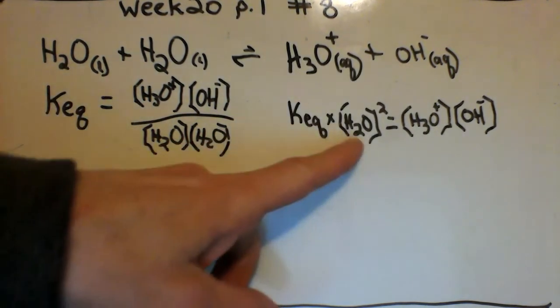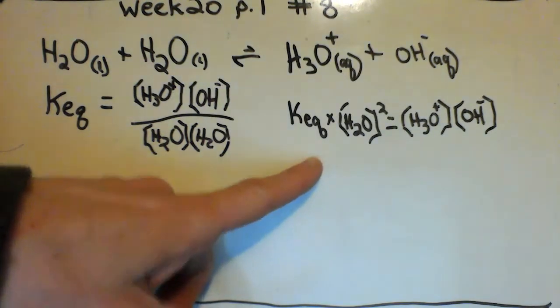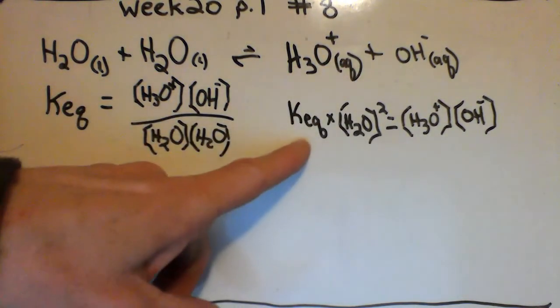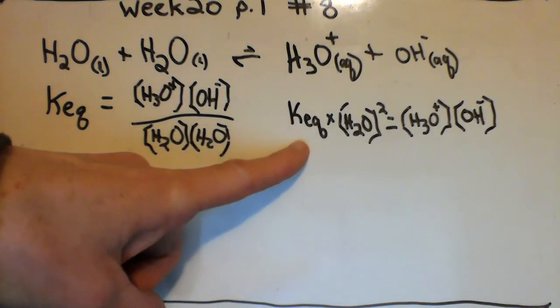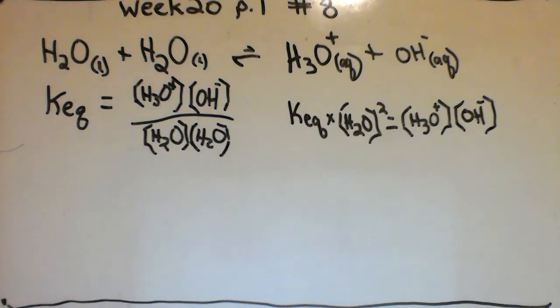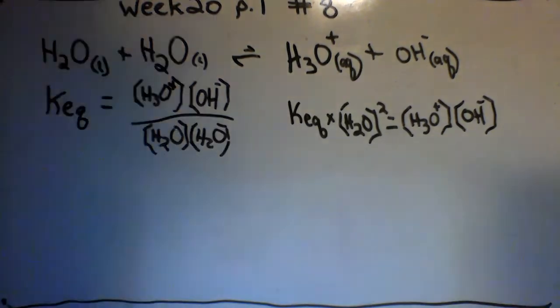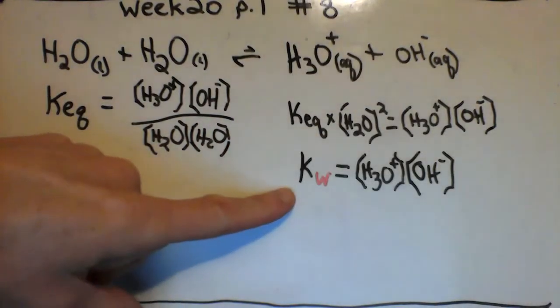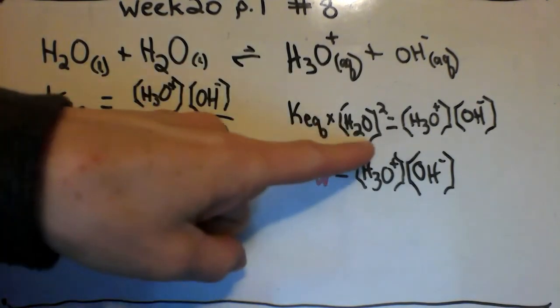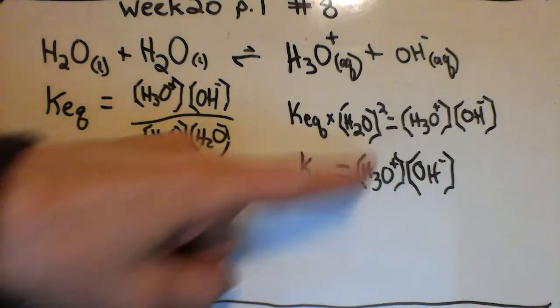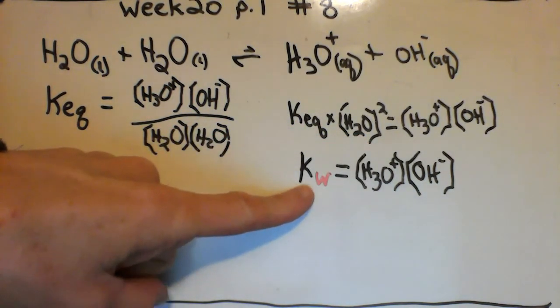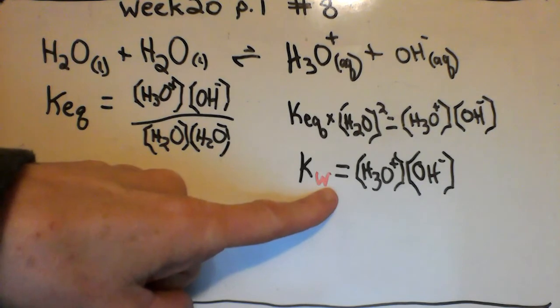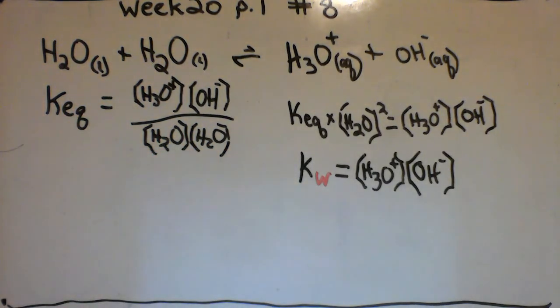I've done that with water here also. Now, water is worked into the constant in the equation, and we give the constant a new name, Kw. Here we see that constant, which includes the two concentrations of water, and this is the constant for the self-ionization of water, or the ion product constant.